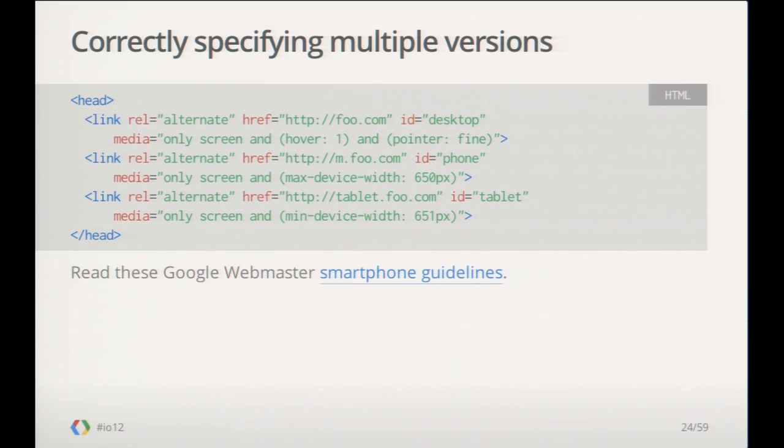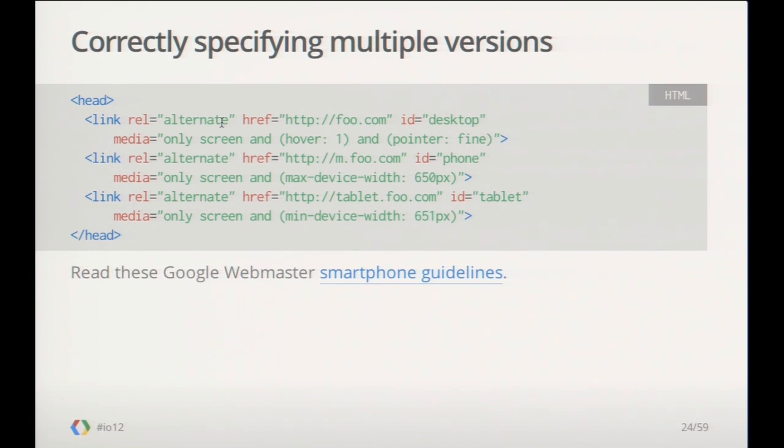If you're specifying multiple versions of your site, you may be sharing a URL, or you may have separate URLs. If you have separate URLs, then you can declaratively define all the versions of your site in your head section. You can do that with link rel equals alternate. The idea here is you specify the URLs and the associated media queries for each of these versions.